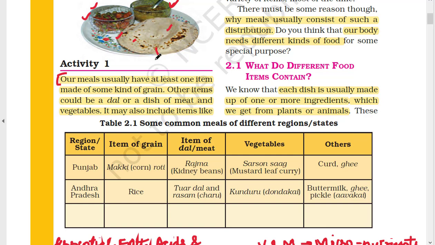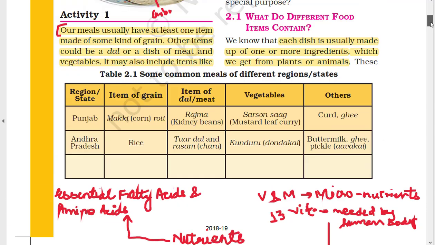For example, in roti, carbohydrates are dominant, so we say that roti is a carbohydrate rich food. But we need all the components of the food in balanced quantities, so that is why we eat more than one item in our food. So our body needs this distribution so that we can get all the food components in a balanced manner, right?